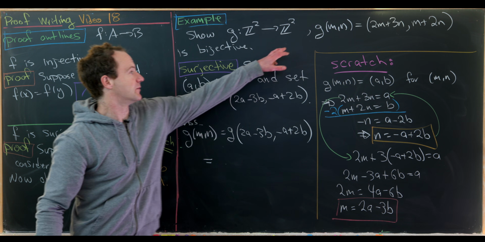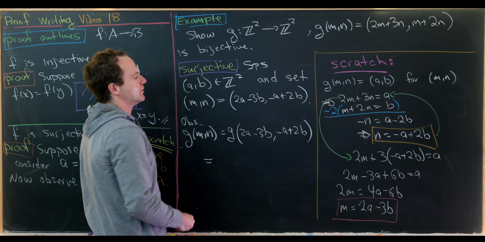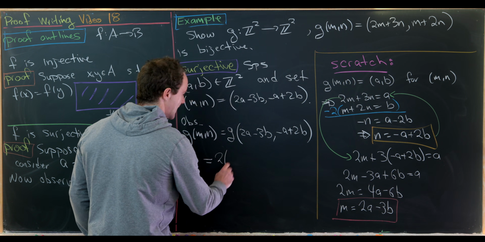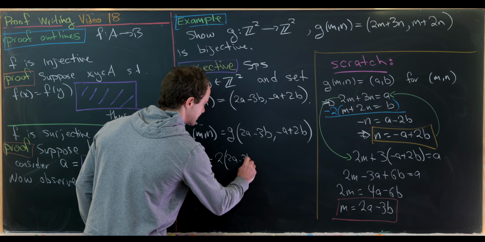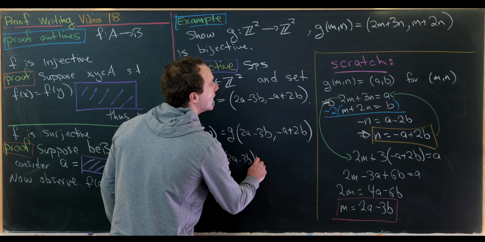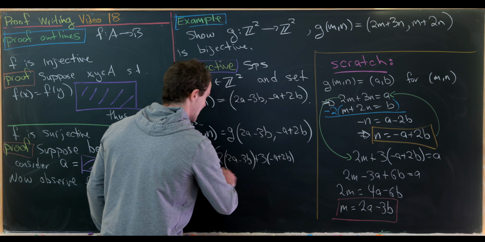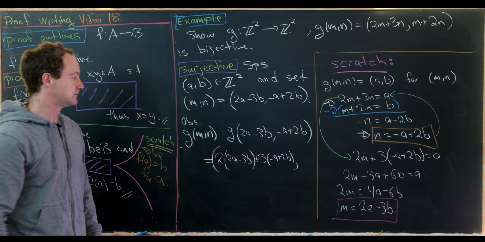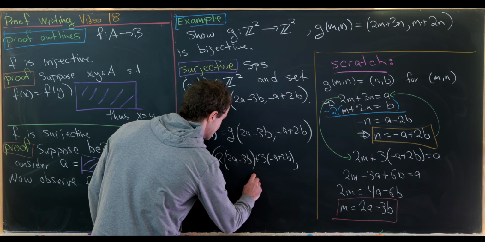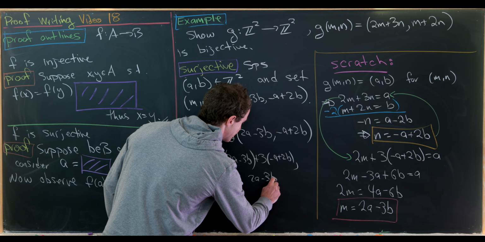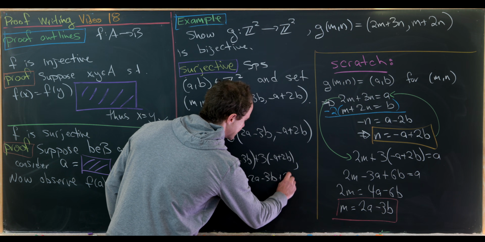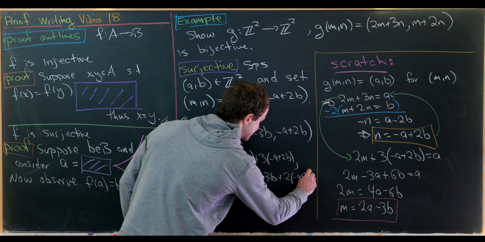But by the rule up here, we know that will be equal to 2 times (2a minus 3b) plus 3 times (negative a plus 2b). That's the first entry. And then the second entry is (2a minus 3b) plus 2 times (negative a plus 2b).